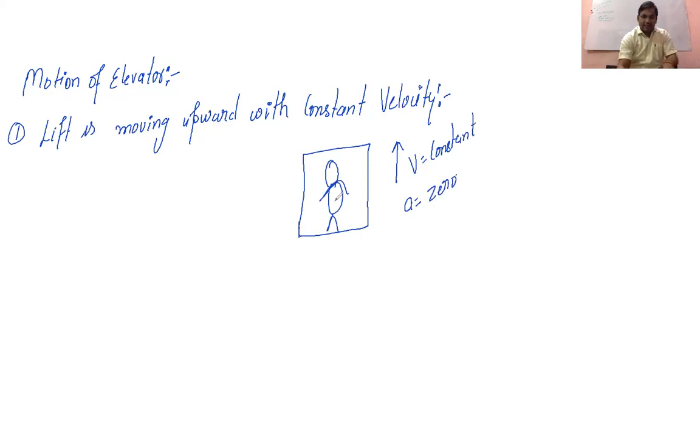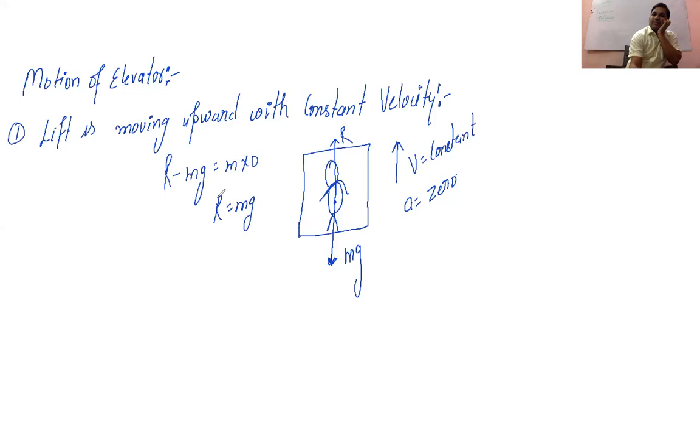The weight of the object acts downward, and the reaction force by the floor of the lift acts upward. So we can write R minus mg is equal to m into 0. So R is equal to mg.